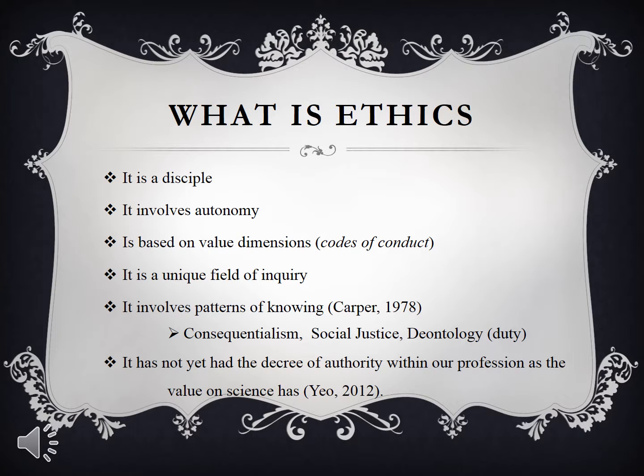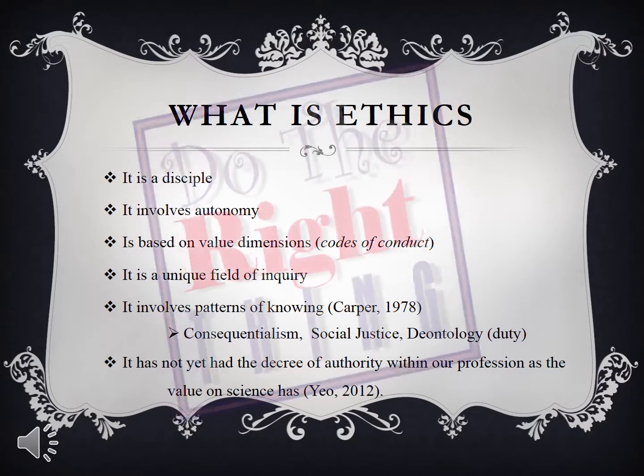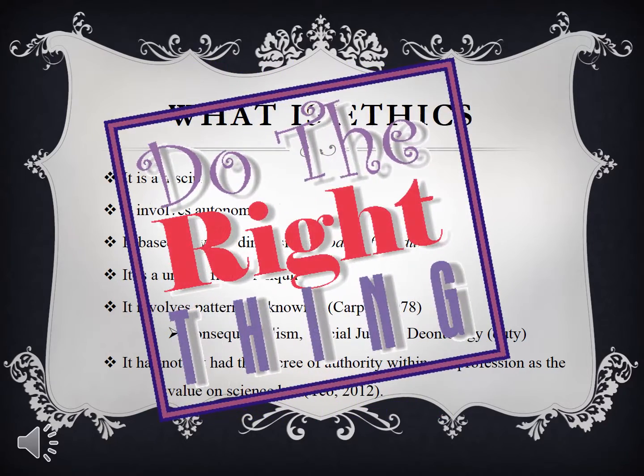It focuses on matters of obligation, like what ought to be done, differentiating from what is right and what is wrong. It is inclusive of taking responsibility for the decisions you make.